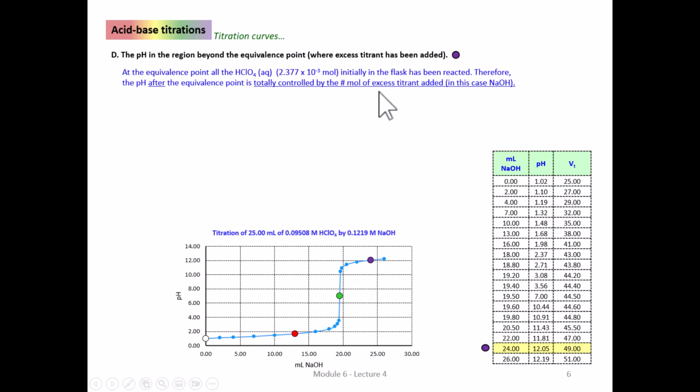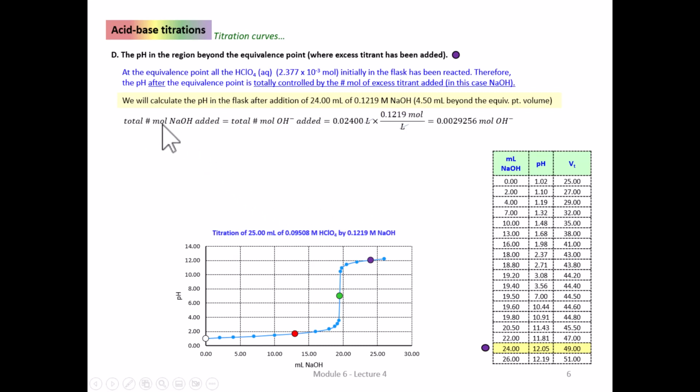It's totally controlled by the number of moles of excess titrant that we've added beyond the equivalence point, and of course the total volume in the flask. So what we'll do here is calculate the pH after addition of 24 milliliters of sodium hydroxide, which would be 4.5 milliliters beyond the equivalence point.